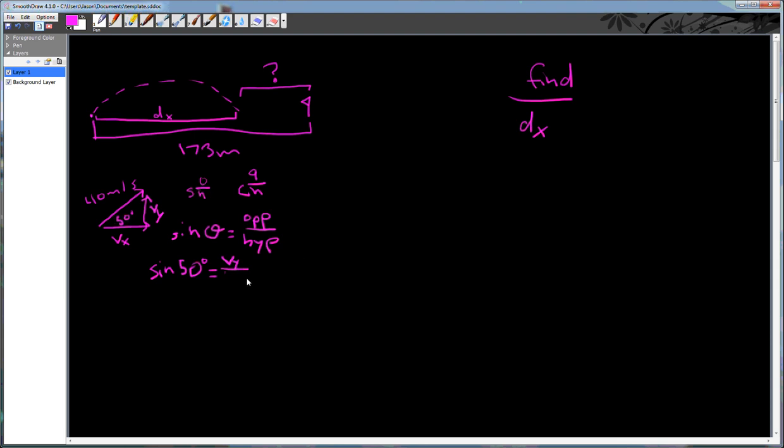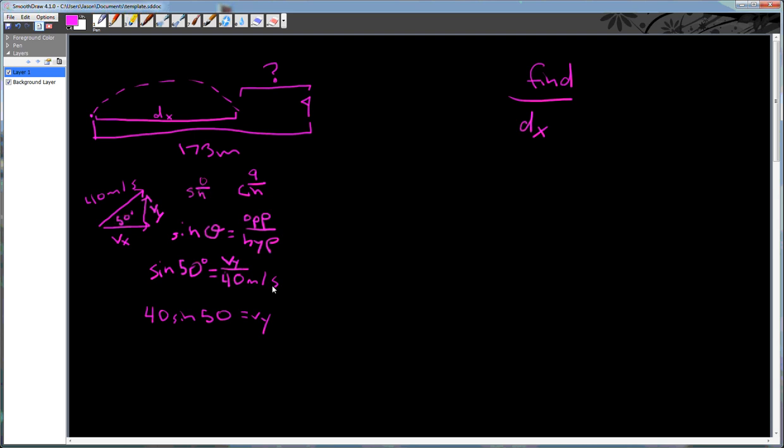Multiply by 40 to solve for Vy: 40 times sine of 50 equals Vy.